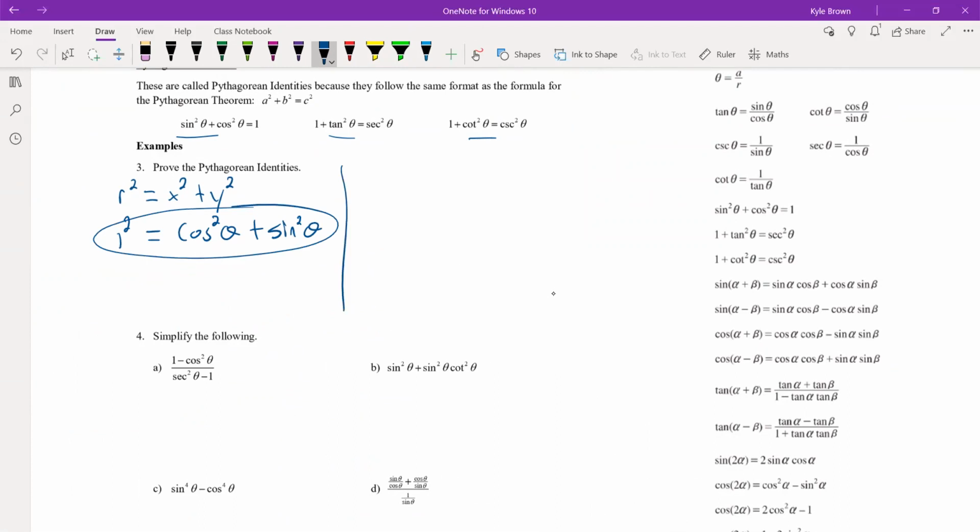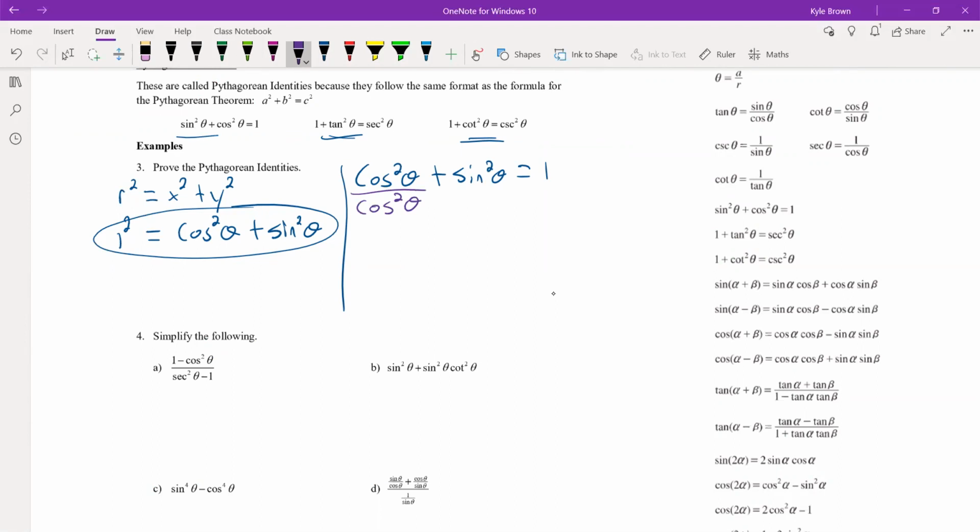Okay, so let's prove the next one. If we start off with our first identity, these two are actually just variations of the first. So if I started off like this and said, all right, we've got cos squared theta plus sine squared theta is equal to 1, then why don't we try to divide everything by cos squared theta?